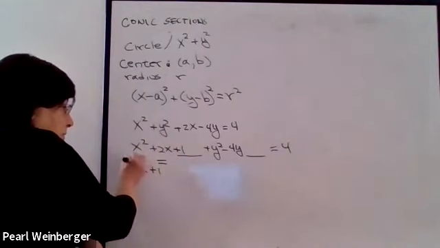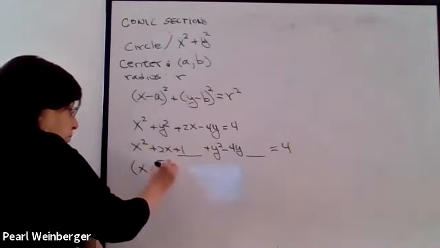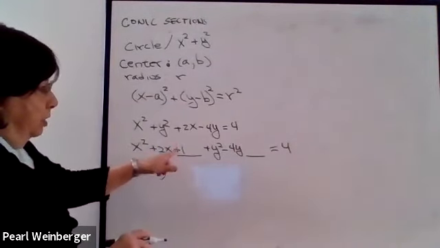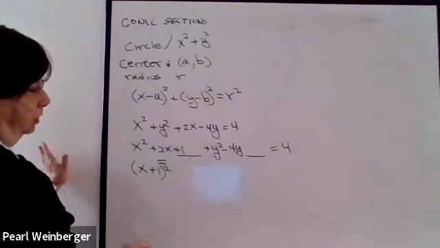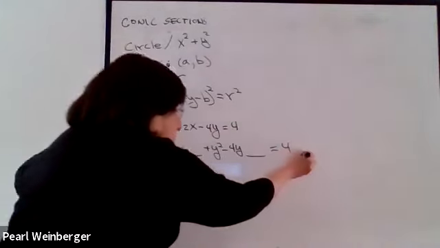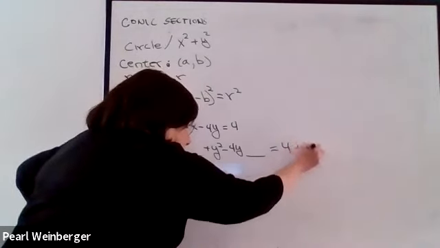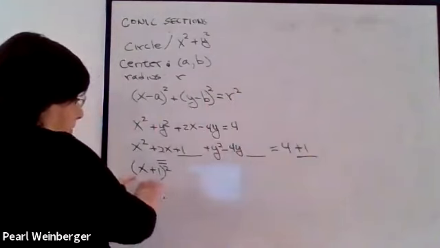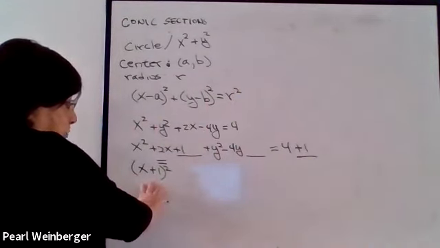It will be the expression x plus 1 squared. But notice, I added 1 on this side of the equation. Well, we know we can't do that unless we add 1 on the other side as well to balance. But now I have this as x plus 1 squared.